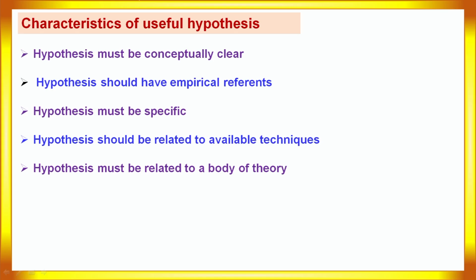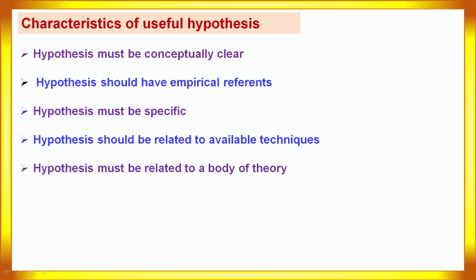And lastly, but most importantly, the hypothesis must be related to a body of theory. One serious problem most social science students, either at MSc or PhD level, face is that they are unable to publish their paper in a good journal. One of the major reasons is that most of the topics we choose for research are based on interesting ideas, but without any reference to any theory.